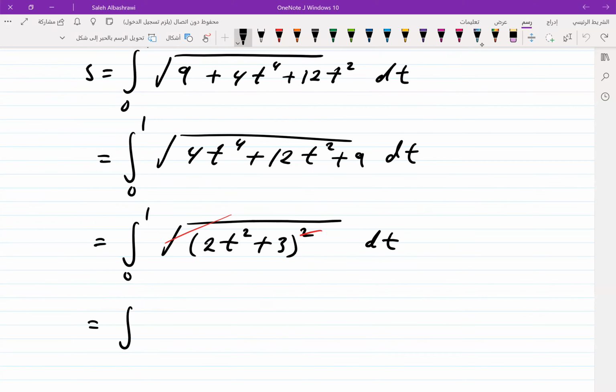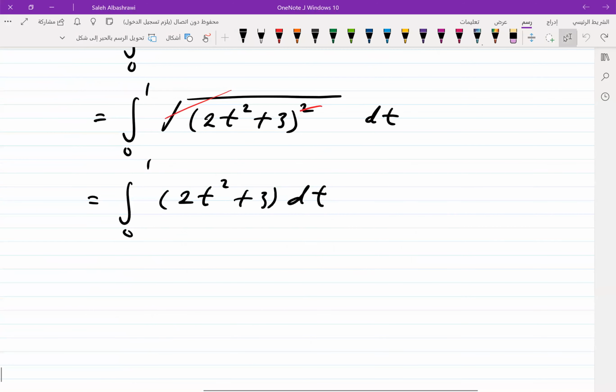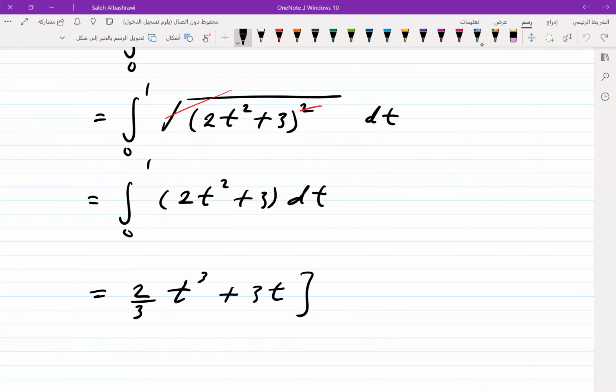This is equal to the integral from 0 to 1 of 2t squared plus 3 dt, which is equal to 2 over 3 t to the power 3 plus the integration of 3, which is 3t, between 0 and 1. Now replace t by 1 and then by 0.